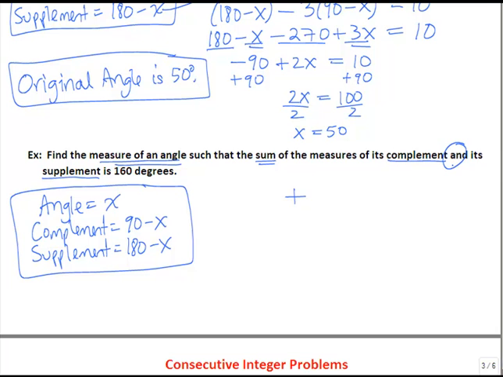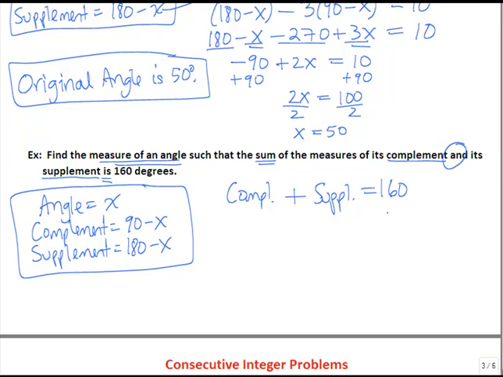So look for that word "and." There's your plus. To the left of the word "and" is complement. And to the right of the word "and" is supplement. So we want to add up the complement and the supplement, and that is, or equals, 160 degrees. So there's our basic equation.